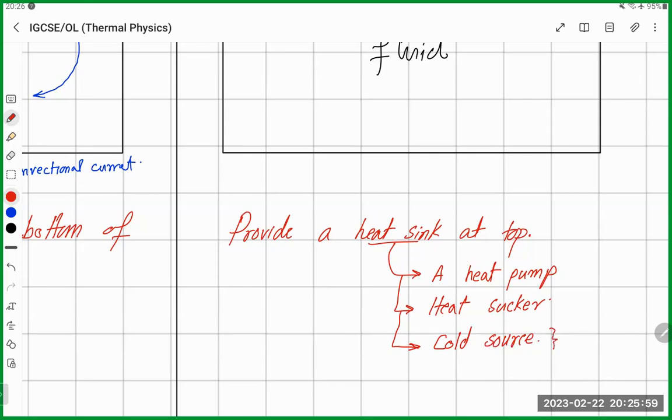This is a name that only people use if they don't know heat energy. Cold source. Source of cold means something that can absorb heat energy. Actually, technical names are heat sink, heat pump, or heat sucker. But for the simplicity, sometimes we use a cold source.